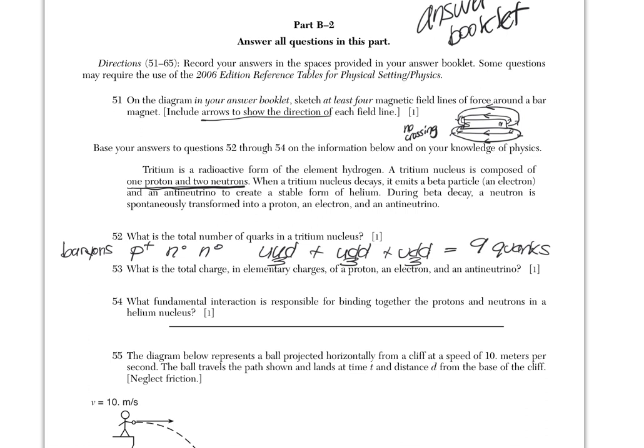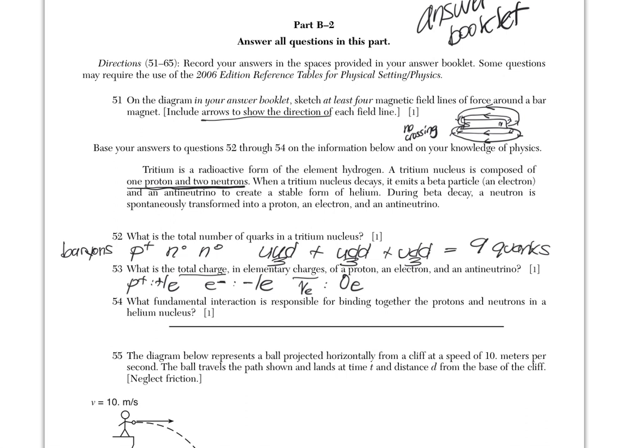53, total charge of a proton, an electron, and an antineutrino. So of all of them, the total charge together. Proton is plus 1e. The electron is minus 1e. And then the antineutrino is neutral. Neutrino is neutral.